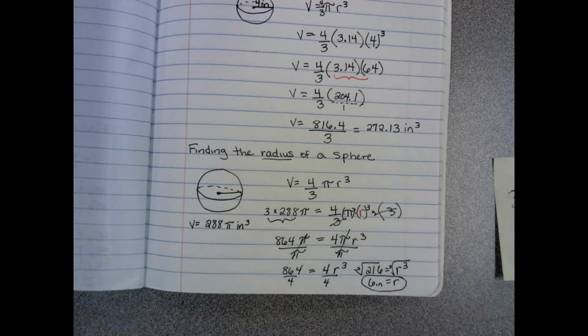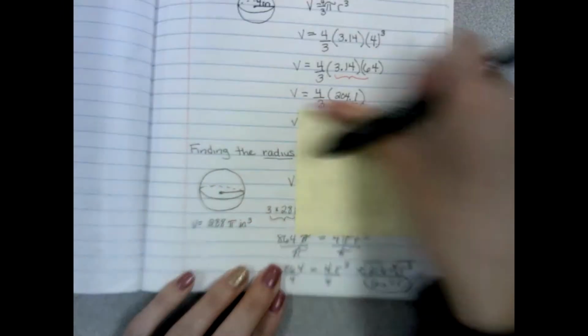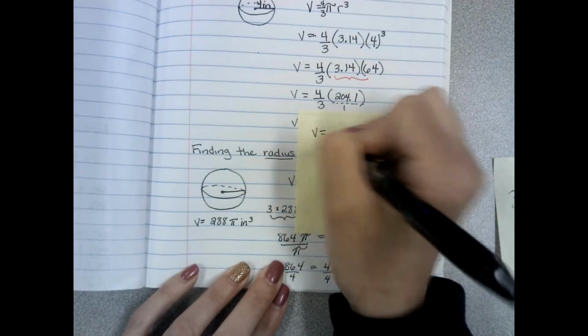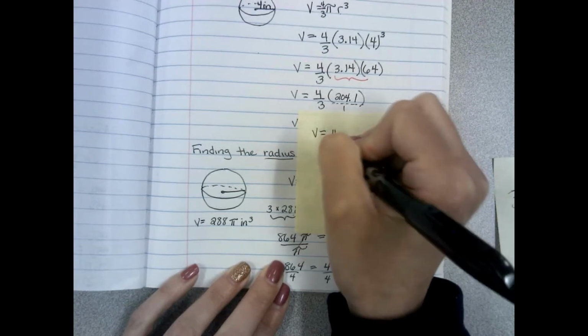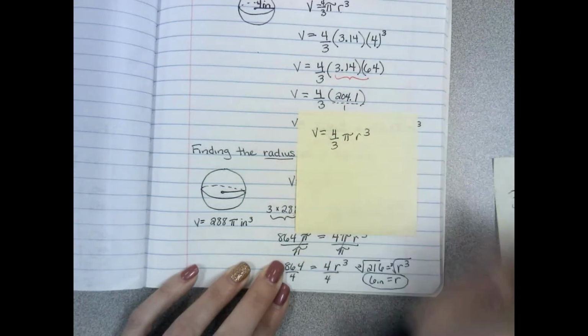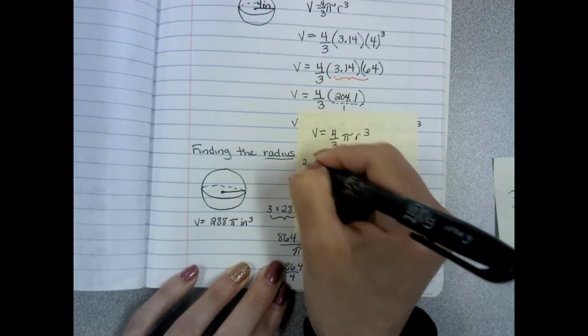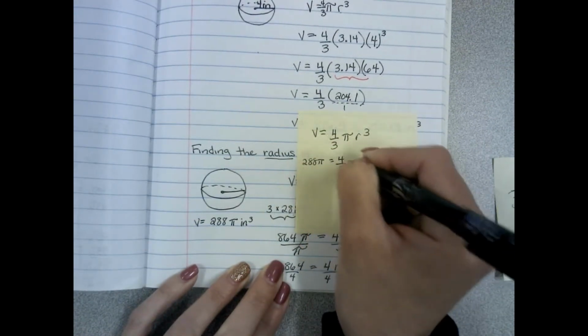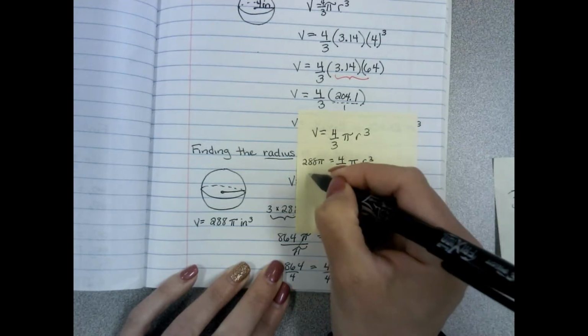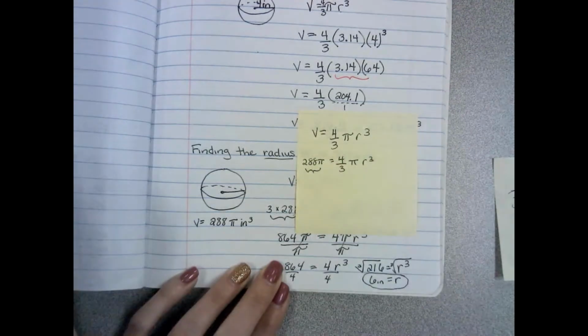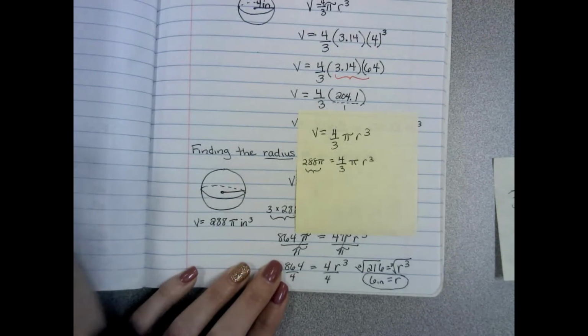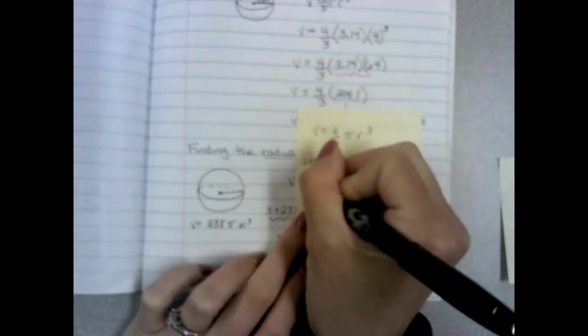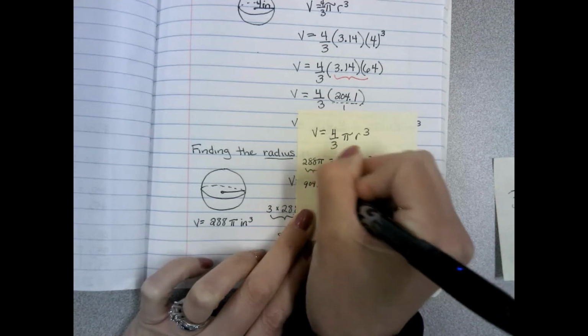I just want to show you that you would get the same answer if you were to multiply pi out in your equation. If I were to use V equals 4/3 pi r cubed, and take my 288 pi and actually multiply this out, 288 times 3.14, I would get 904.32.